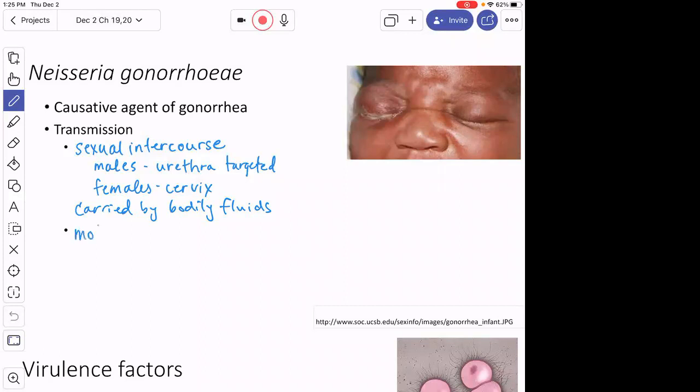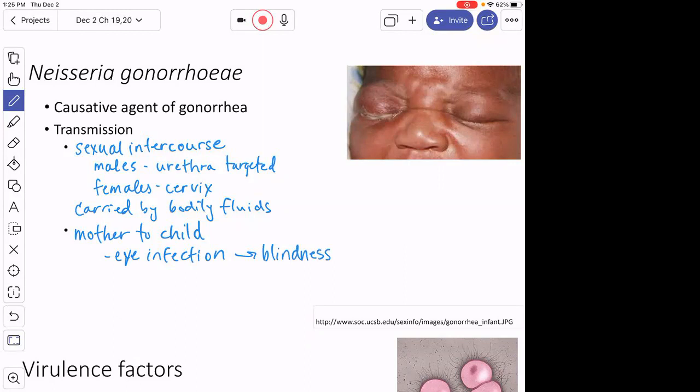Also mother to child. Okay, so a child born vaginally to a mother that has gonorrhea is most susceptible to an eye infection, a gonococcal eye infection that can lead to blindness.